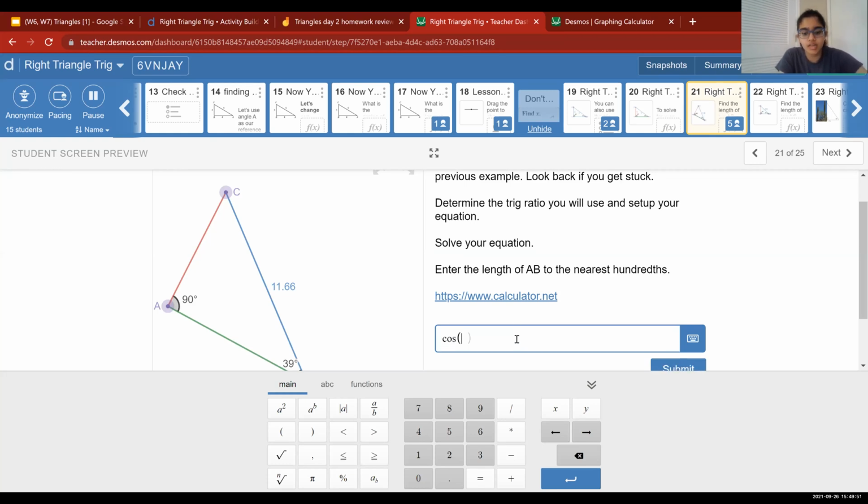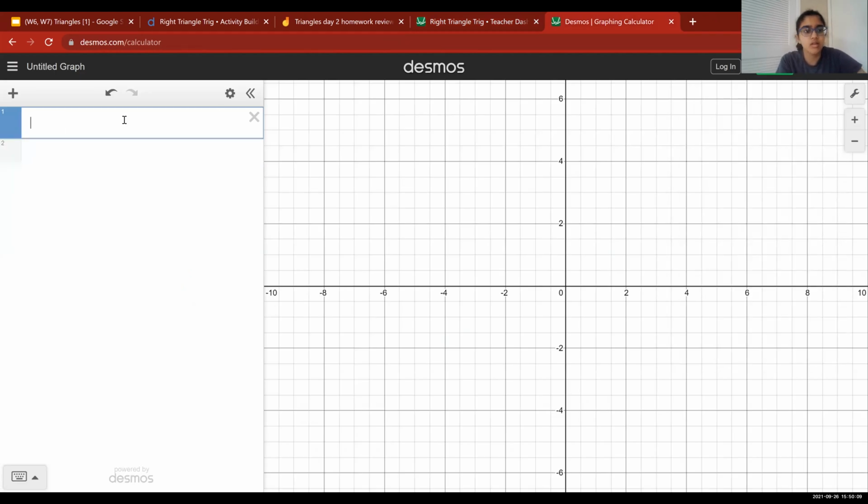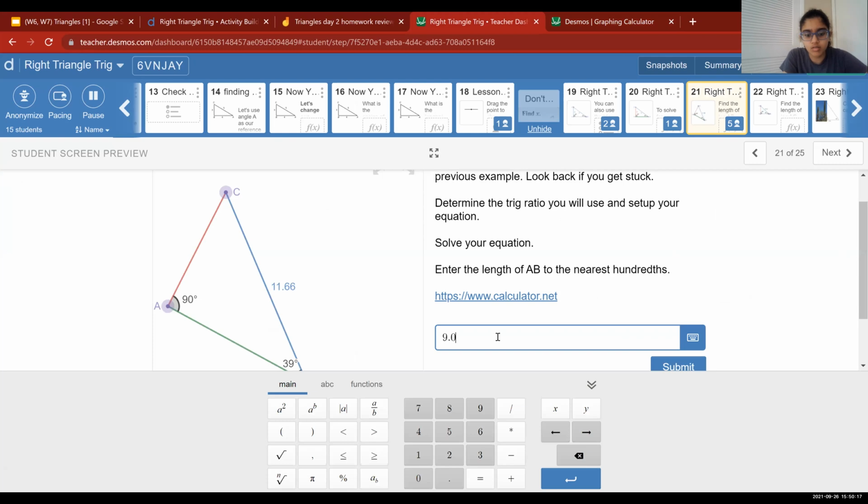So cosine of 39 degrees is equal to question mark over 11.66. We multiply both sides by 11.66, and we get 11.66 times cosine of 39 is equal to question mark. Remember, this is in degrees. So we get 9.0615, and 9.06 would be our answer because it rounds.